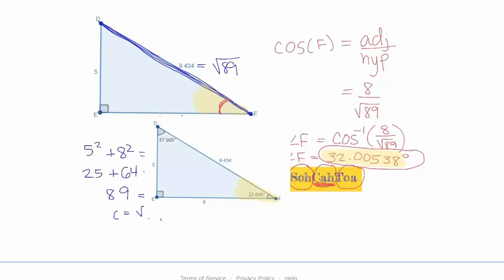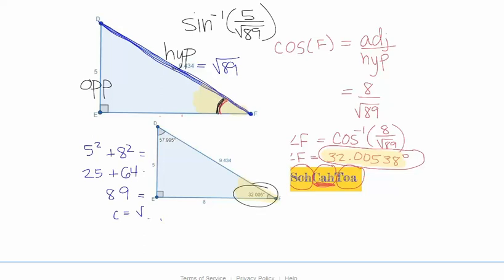Because if this is my angle F, this side is my opposite side, and this side is my hypotenuse. That means I also could have done sine inverse of 5 over the square root of 89, and it would have given me the exact same answer. Check in your calculator, play around with this, and see how it works.